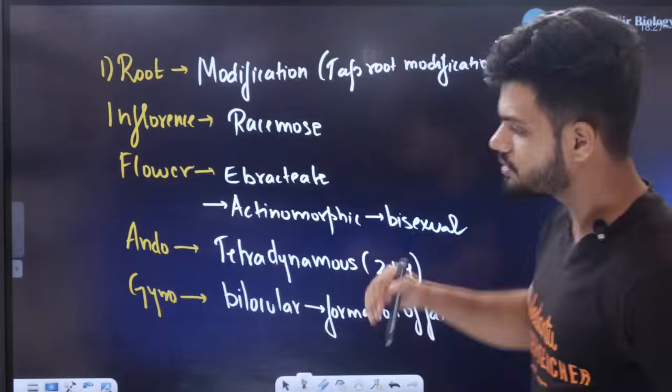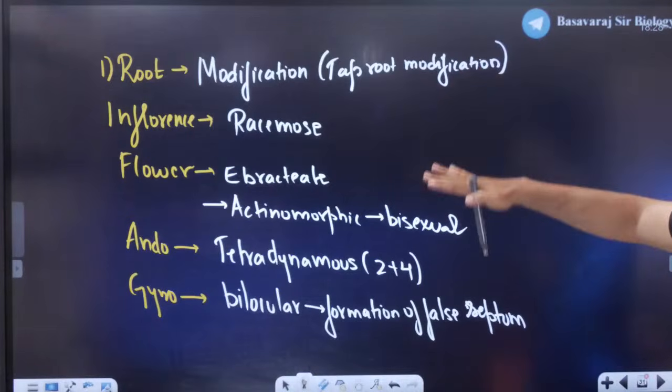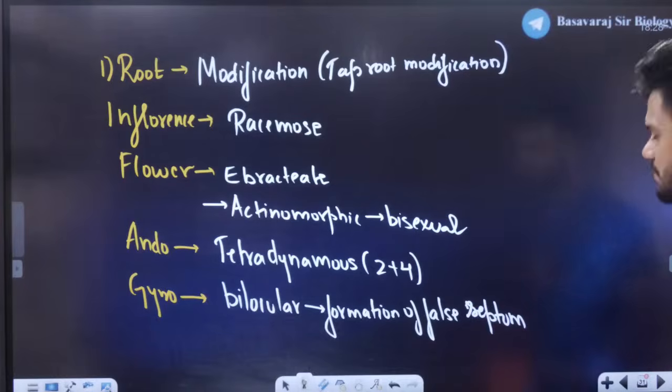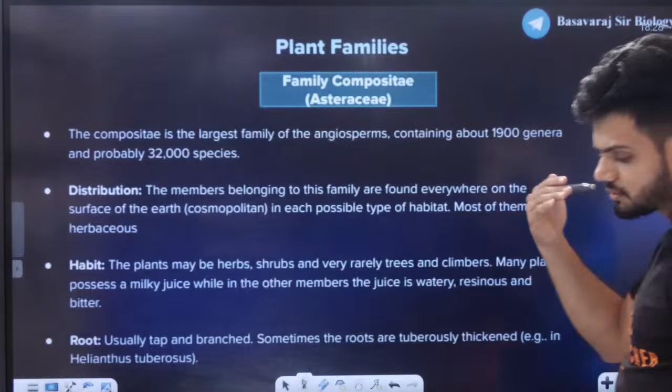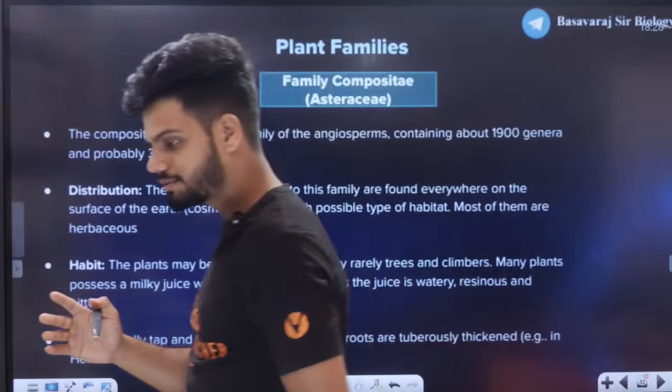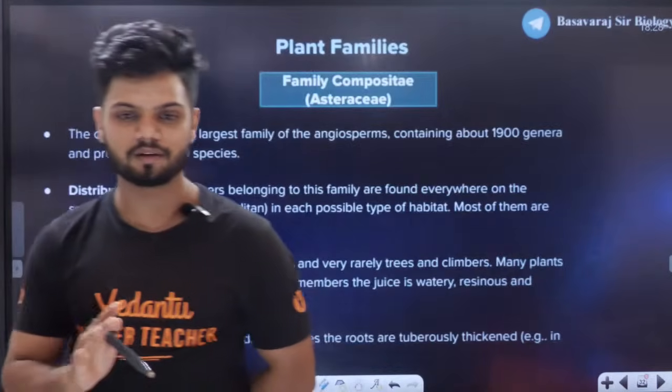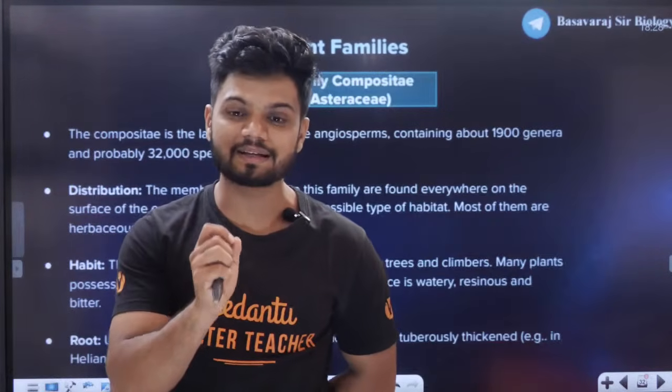So in examination, they can ask you all these anomalies. That is it for your Brassicaceae. Done, students? Done. Brassicaceae is done and done.